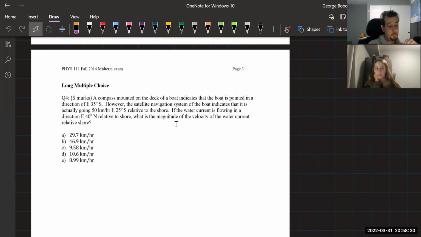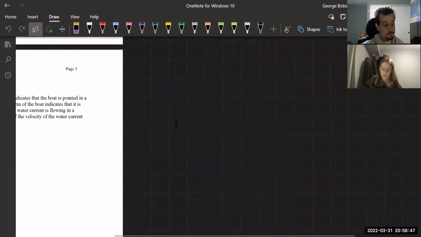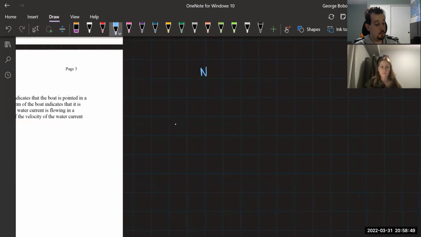Okay. A compass mounted on the deck of a boat indicates that the boat is pointed in a direction 30 east, 35 south. That is your heading, and that is going to be the direction of your VBW, not VBG. Think about it this way: you have north and east, and your boat is directed like this.